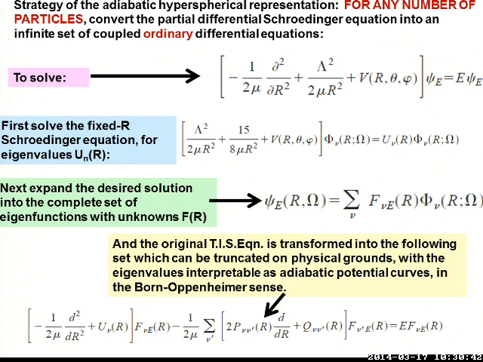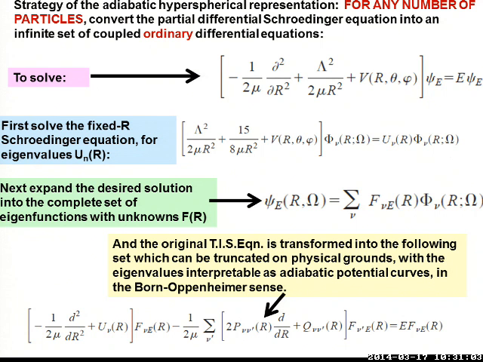We aren't tackling the problem now with external fields present, so we can remove the center of mass. And so for instance, for the J equals 0 states, you just get a simple three-dimensional partial differential equation after eliminating the trivial Euler angle degrees of freedom.